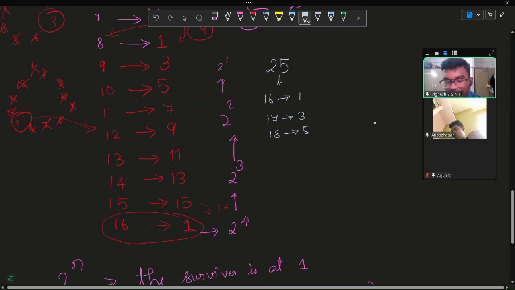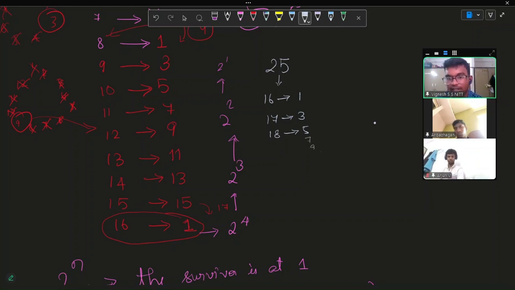For 17, what you can observe is the odd sequence is starting 1, 3, 5, 7, 9. It is going like that. So somewhere the 25 comes. That is what we have to find out.